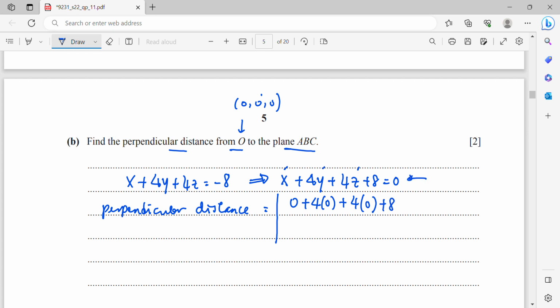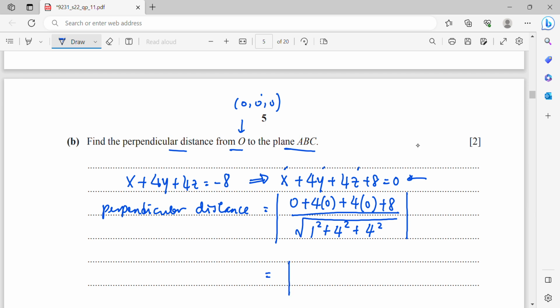So we refer to this formula, and then it is over the square root of the sum of the squares of the coefficients for all the variables. So the coefficient for x is 1, so 1 squared. Coefficient for y is 4, so 4 squared. Coefficient for z is 4 as well, so 4 squared. And put a modulus to make sure that the distance is positive.